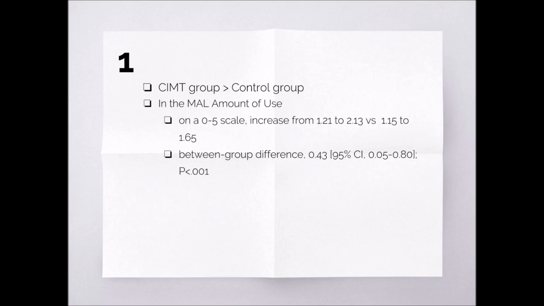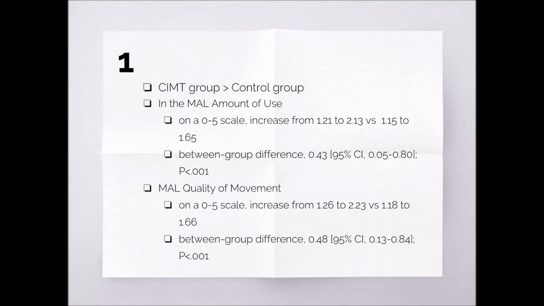In the MAL amount of use, on a 0 to 5 scale, there was an increase from 1.21 to 2.13 versus 1.15 to 1.65. Between group difference, 0.43. P is less than 0.001.